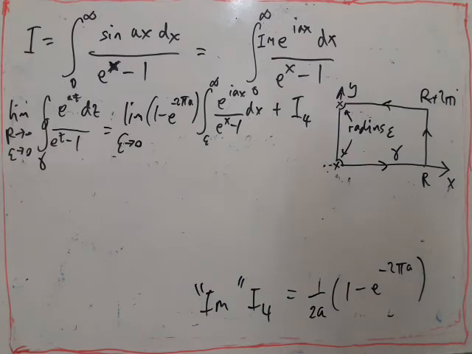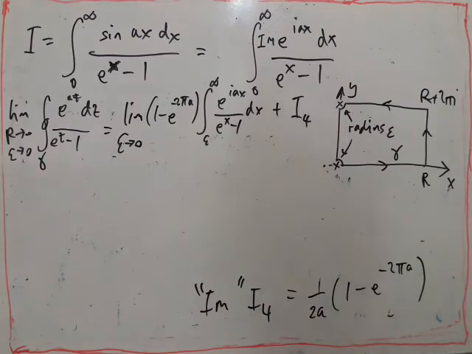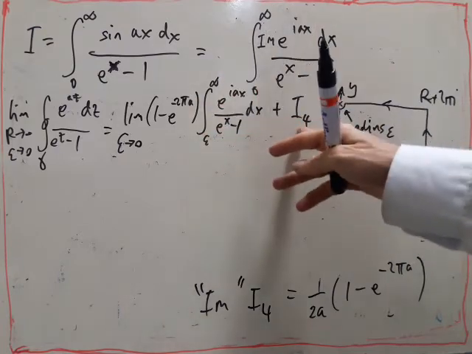I hesitate to write the imaginary part of I4 because the integral I4 doesn't really exist. But if I ignore the fact that the real part doesn't converge, then I can just think of it as the imaginary part of I4 and just carry on. Okay, so it's the same thing with this. So we've got, this is basically what we're trying to find, and we know what this is.